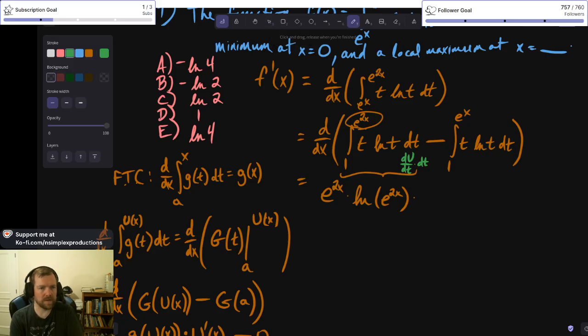Right, so here what we end up with is multiply by the derivative of the upper function, which is e to the 2x times the derivative of the inside, which is 2.